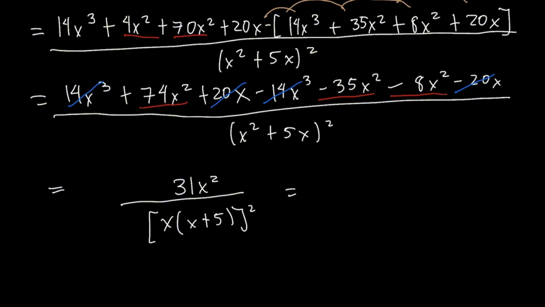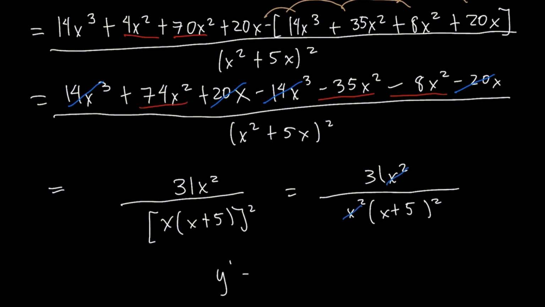Then we can distribute the squared there on the bottom, so we're left with 31x squared all over x squared times x plus 5 quantity squared. So we can now cancel the x squared there. So the final answer for the problem is 31 all over x plus 5 quantity squared.